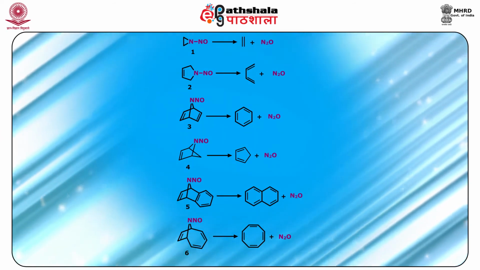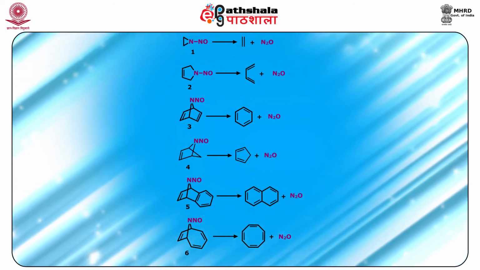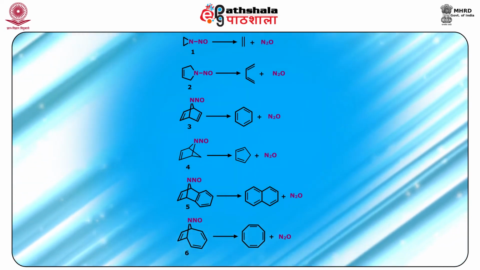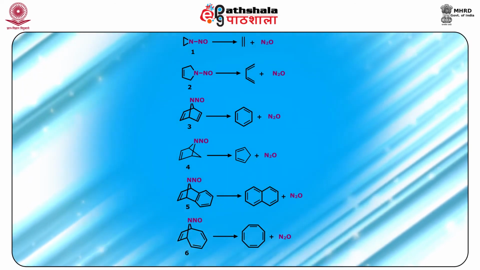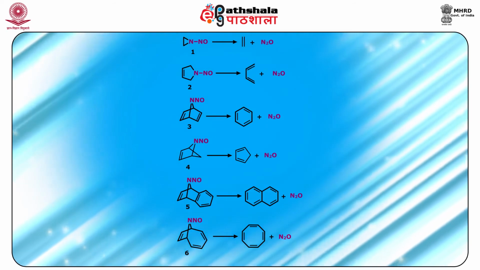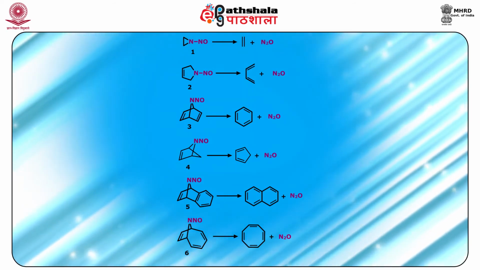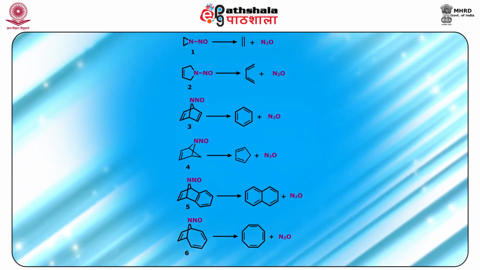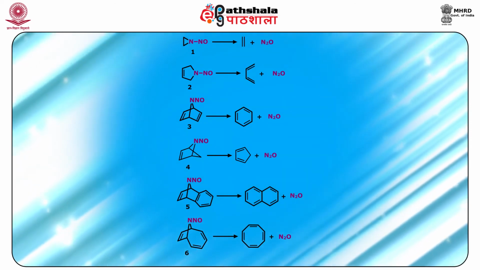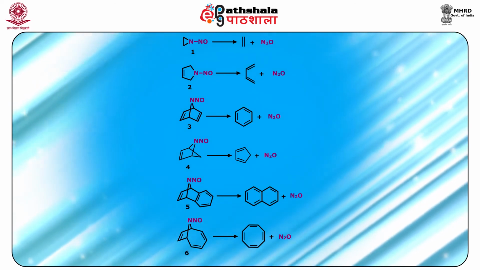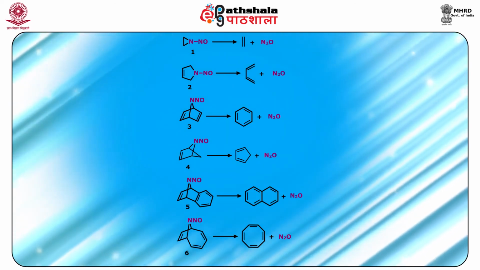Based on theoretical studies, it was shown that the ring strain destabilizes the ground state of the nitrosamines and increases the electron donor and acceptor abilities of the carbon-nitrogen bonds. This results in decrease in the activation barrier for the cheletropic fragmentation with increasing ring strain in the cyclic nitrosamines.